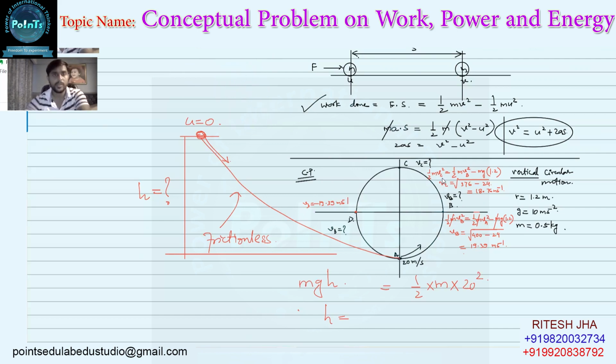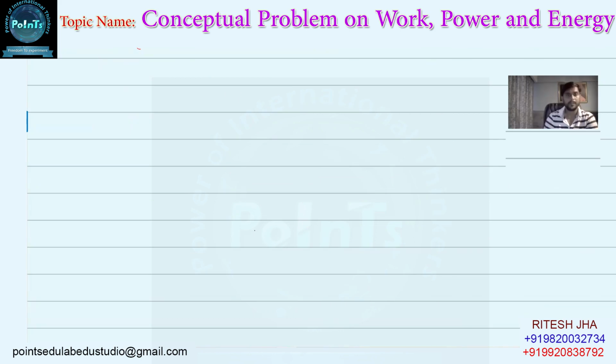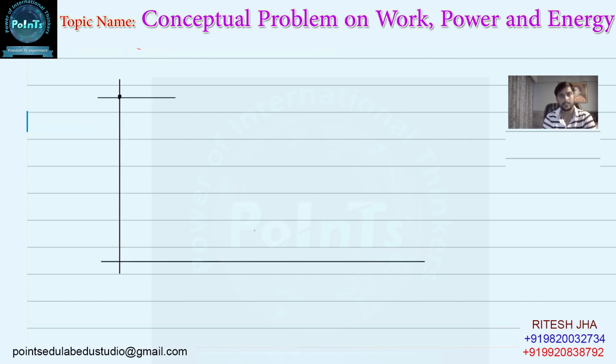All right, so now going ahead, here I'm giving you a question that an object is launched with a certain speed, 20 meters per second in the horizontal direction, and it is hitting this particular level.